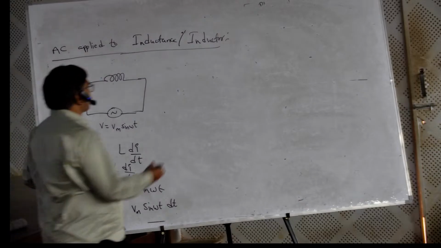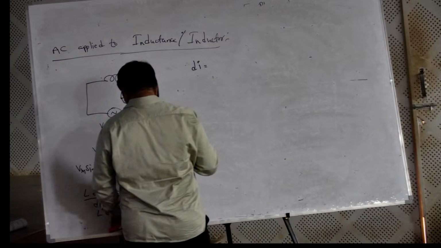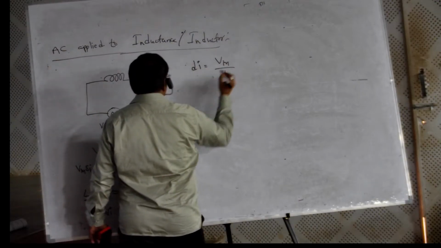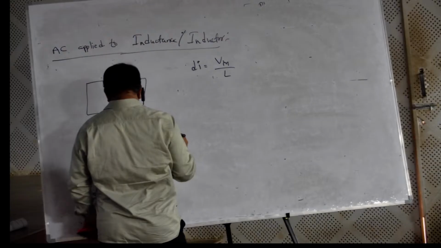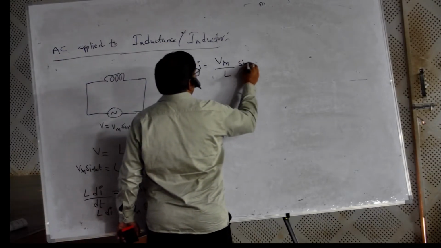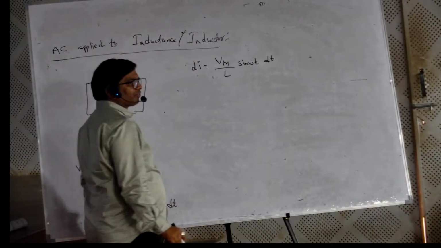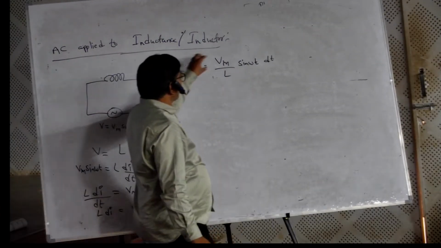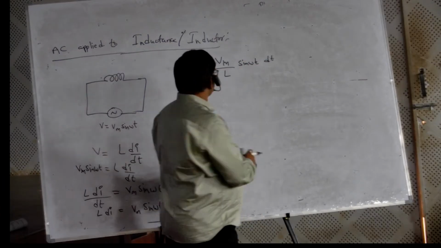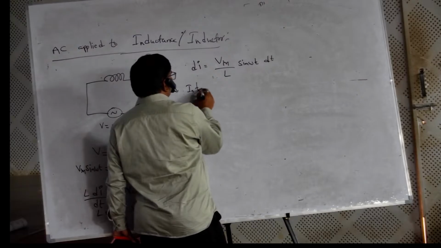And now di is equal to Vm by L sin omega t dt. Okay, now integrating on both sides.